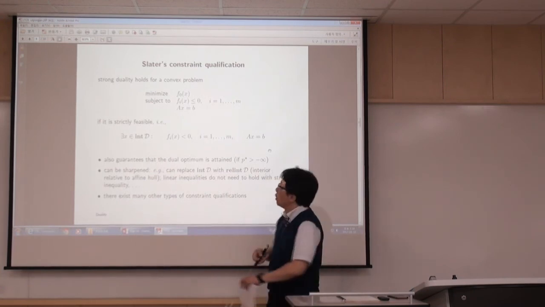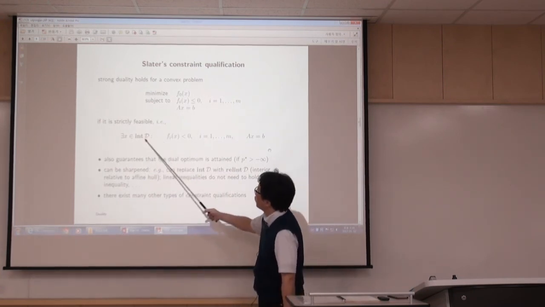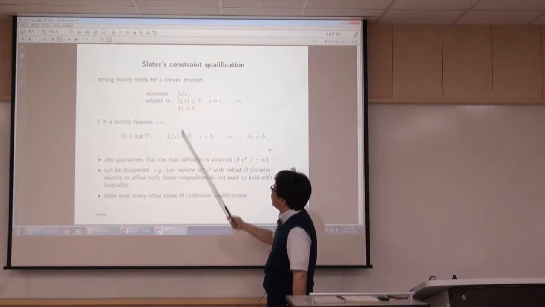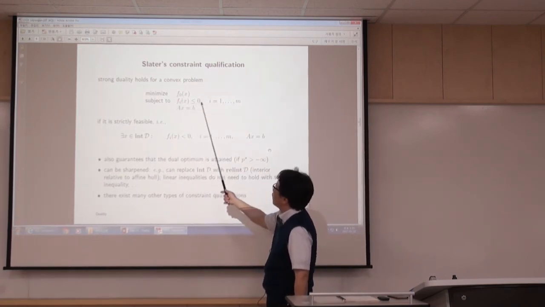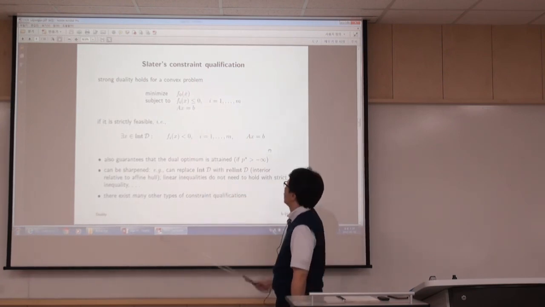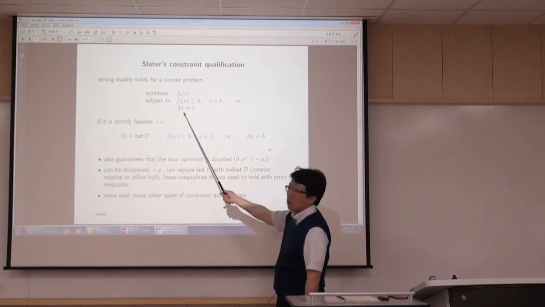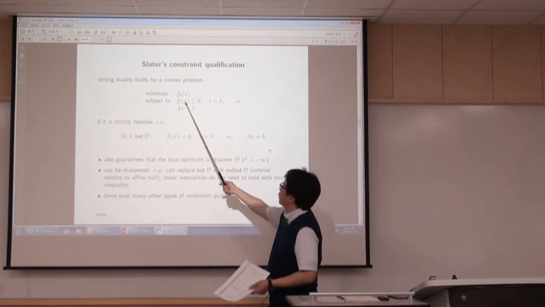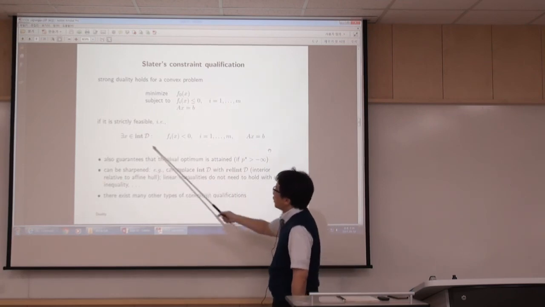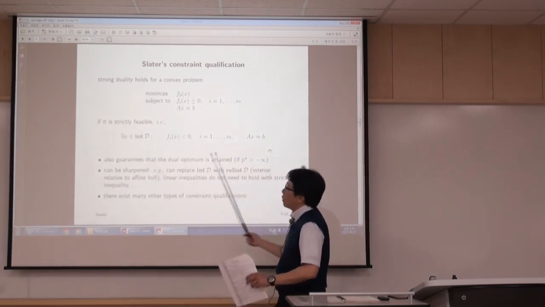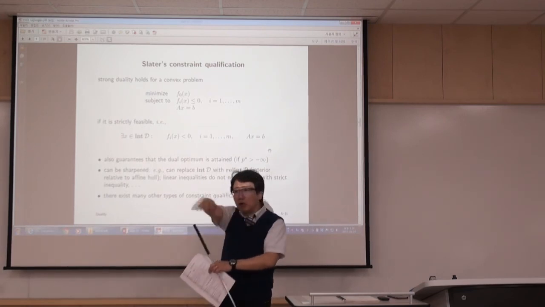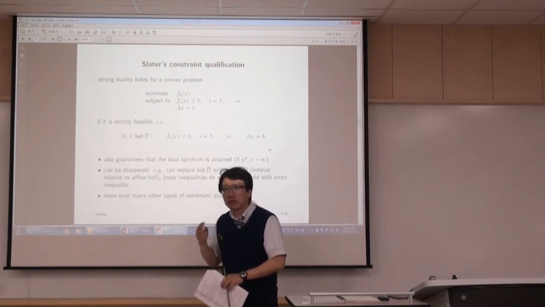So you remove the boundary of the domain of these functions, and also the boundary defined by the inequality constraint functions, but not for the equality, because you cannot remove it. If it is not satisfied, then it is infeasible, right? So it's kind of a subset of your constraint set, but with the boundary removed. You can just understand it that way.